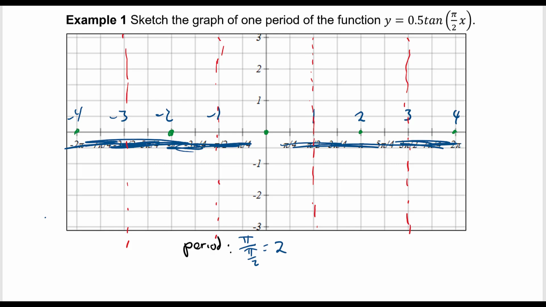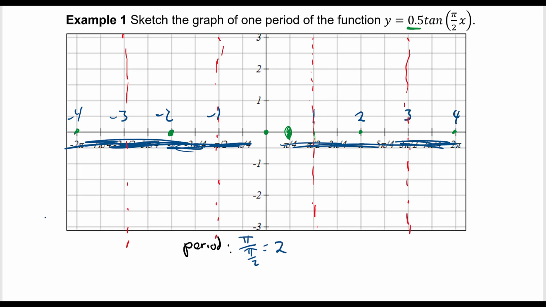Now all those other values are going to be half because our leading coefficient is half. We just have to think that this place here at 1 would have been pi over 2, but now it's 1. This location here is like the pi over 4 location, right? That would have been tangent of pi over 4 is 1.